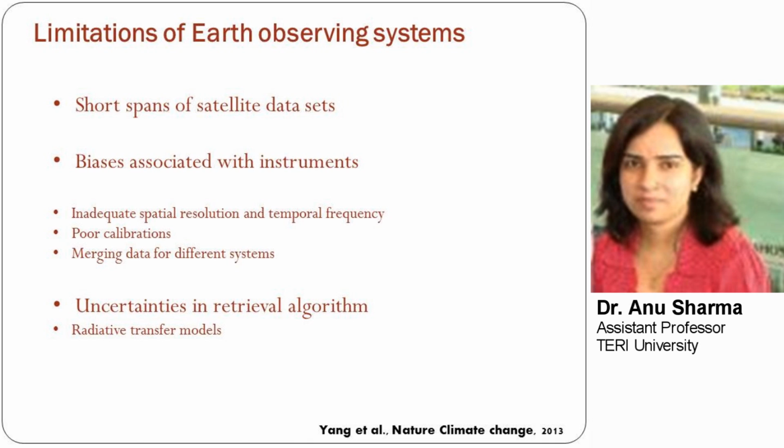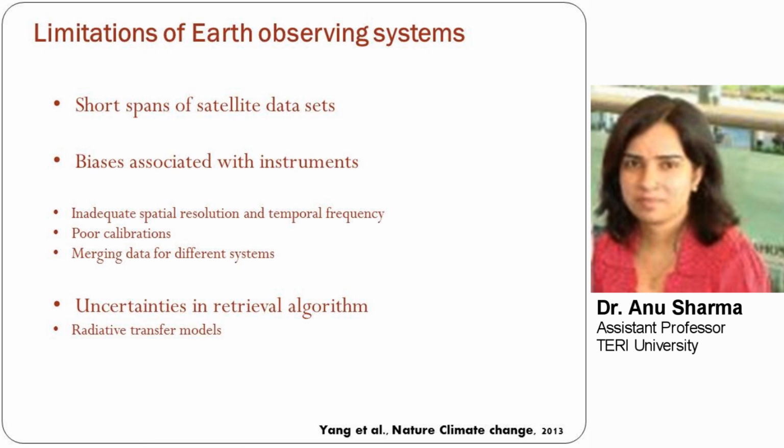Another limitation in the Earth observing system is the uncertainties in retrieval algorithms, because the data that we get are not real-time measurements, but they are retrieved. They are retrieved using particular algorithms that use a number of parameters. When we are making use of the radiative transfer models, we want various real-time observations. The accuracy of the model would depend upon my inputs.